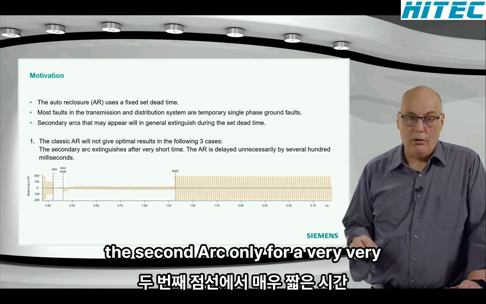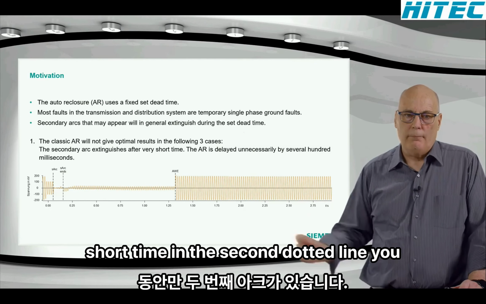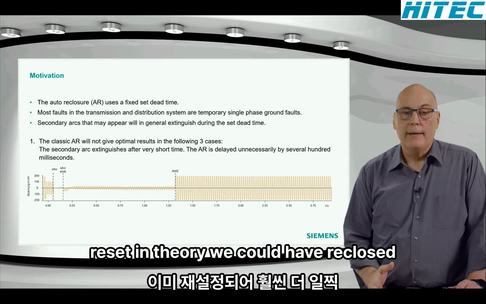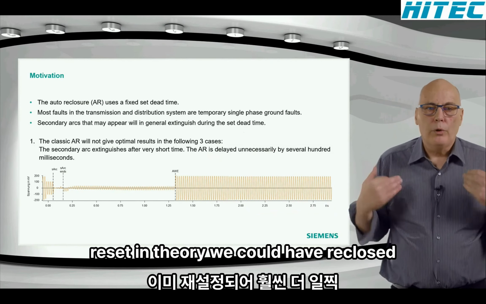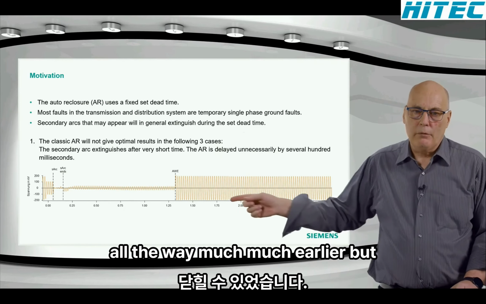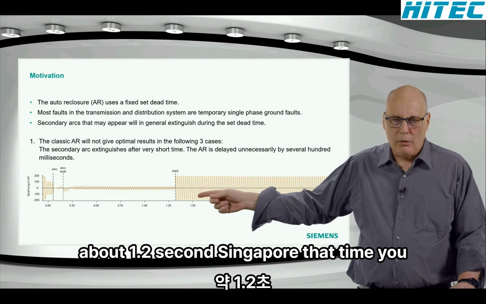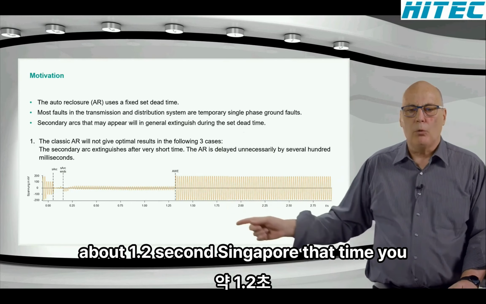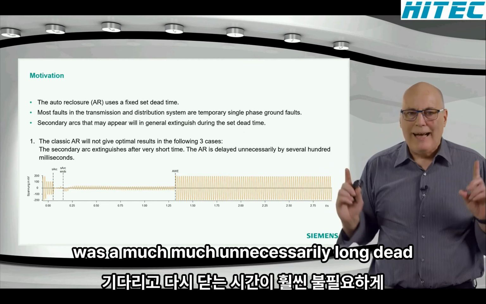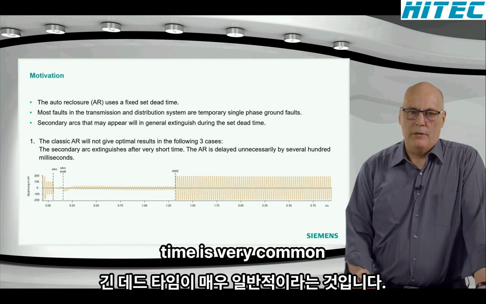Initially, we have the secondary arc only for a very, very short time. In the second dotted line, you can see the secondary arc has already reset. In theory, we could have reclosed much, much earlier. But typically, here it's about a 1.2 second single pole dead time. You wait and wait and wait, and only reclose with an unnecessarily long dead time. This is very common.